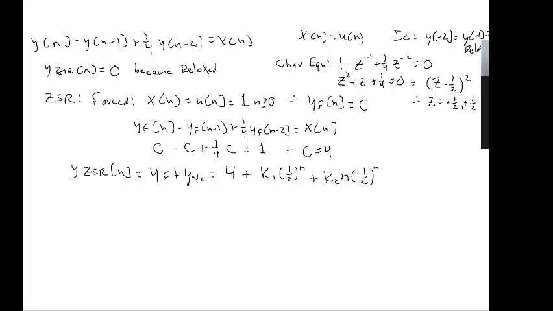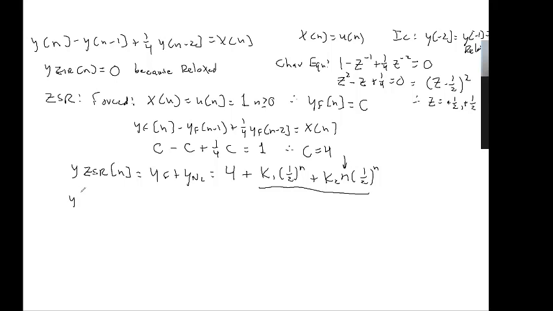And now that's the only part that changes in the way we're going to solve this problem. That's our assumption for what the form of the natural response is, and particularly this needing this extra n because we have a repeated root. The rest progresses the same way.